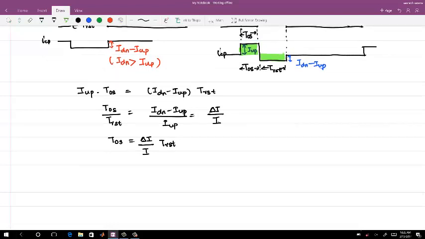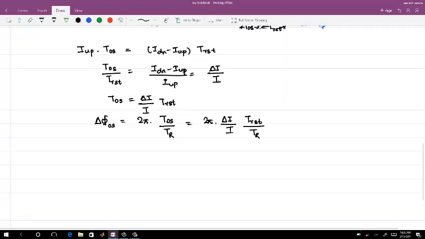Now I can write this T offset also as a phase offset in lock state. It's nothing but 2 pi times T offset by T reference period, which is 2 pi into delta I by I. Now this is equal to T reset by TR.